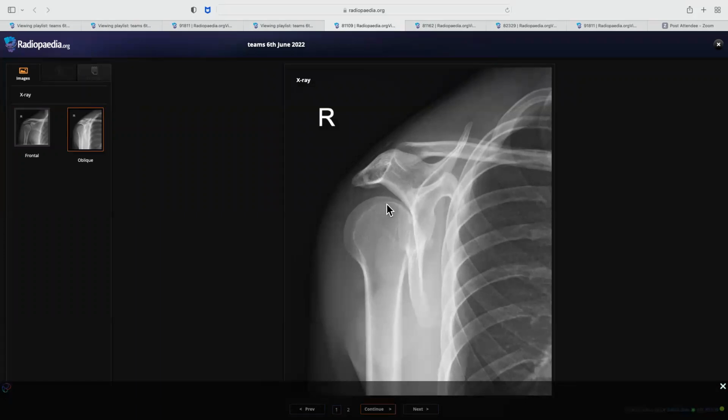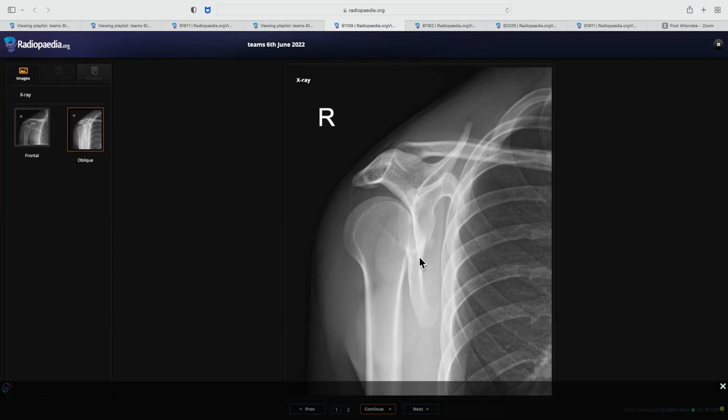Okay, so I can see that the humeral head is under the acromion. It's slightly displaced from the glenoid. Which view is this? This is an oblique view.